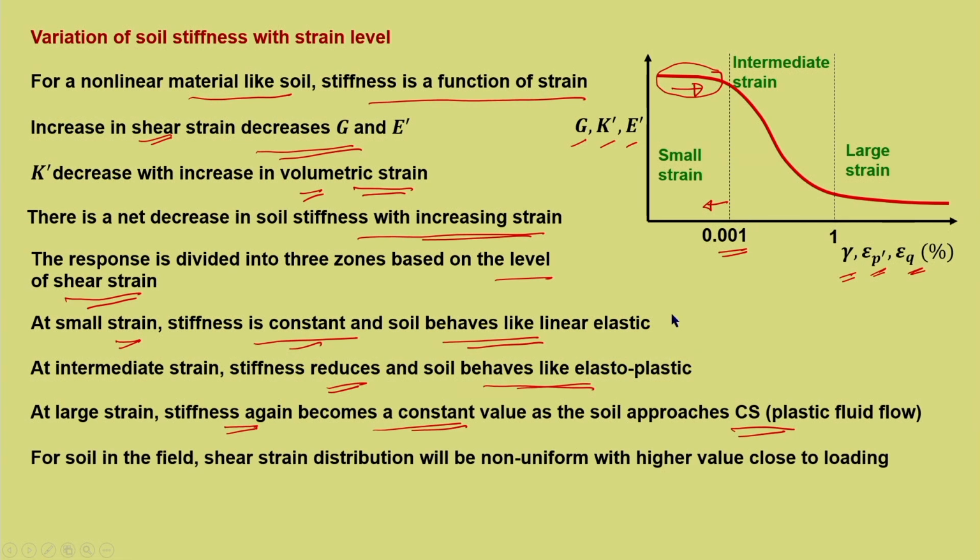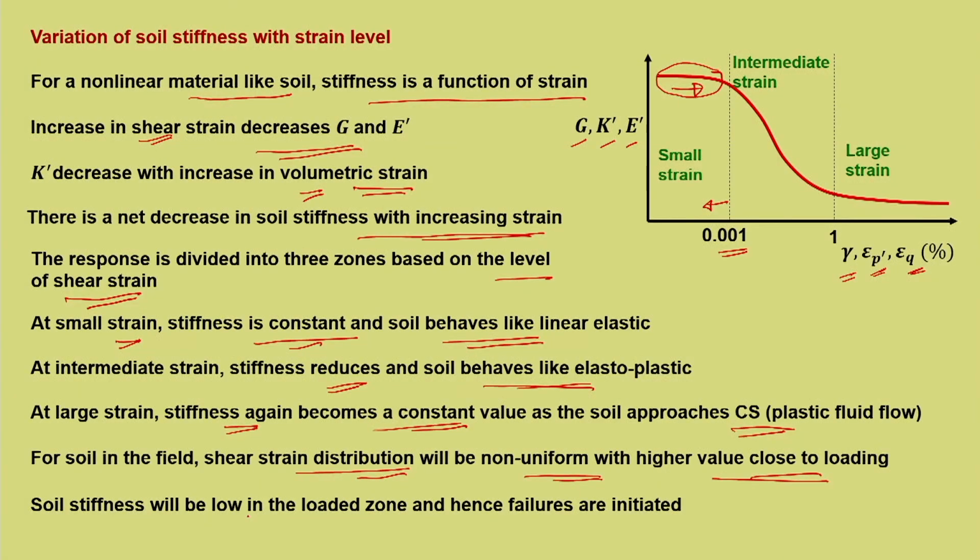For soil in the field, shear strain distribution will be non-uniform with higher values close to the loading. So, when some loading happens in the field, the strain will be high close to the loading location, and hence the stiffness in that particular zone drastically reduces as per the given discussion. So, as the strain level increases, the stiffness starts reducing.